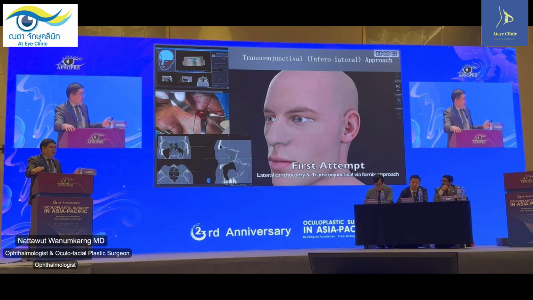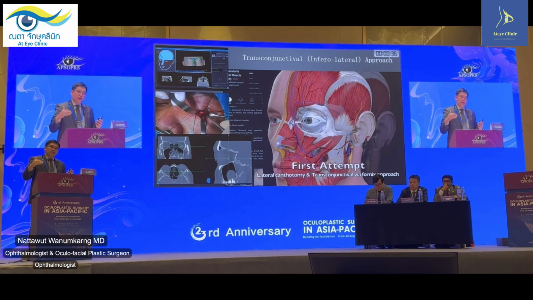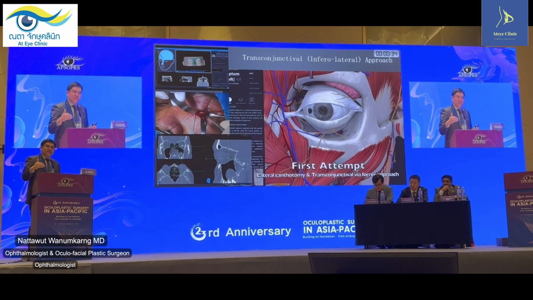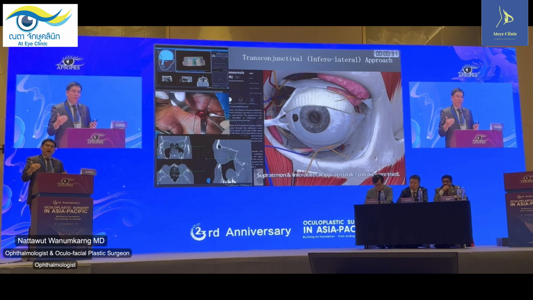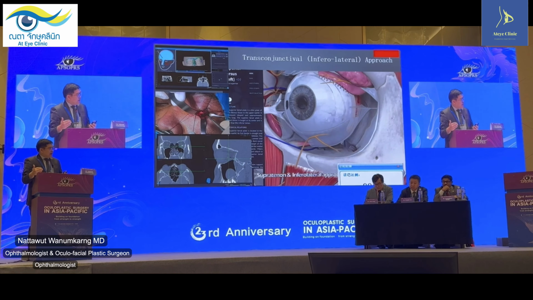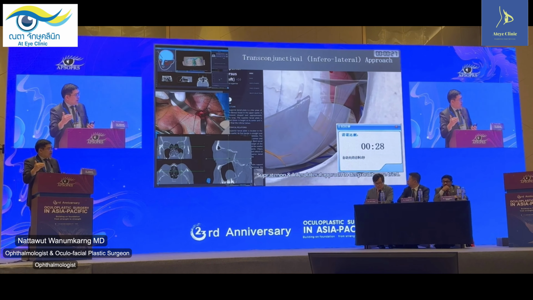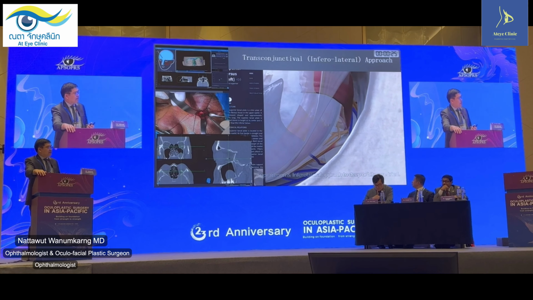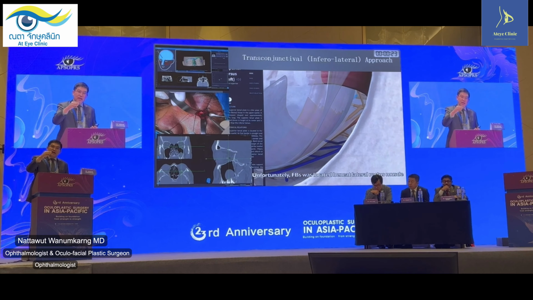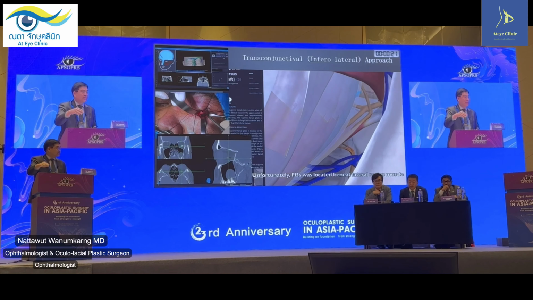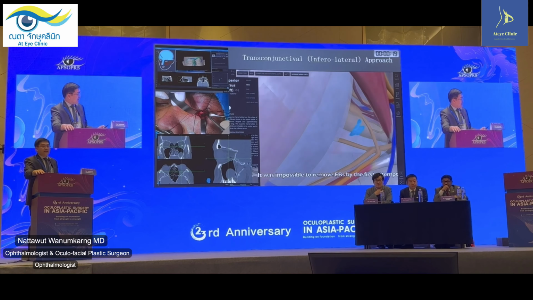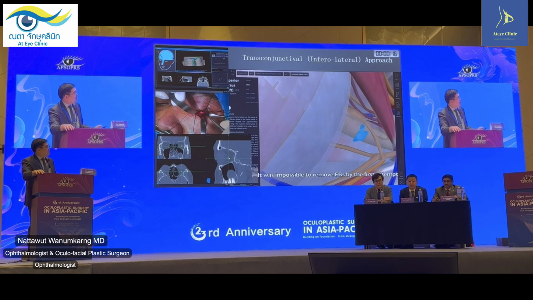In the first attempt, I tried a transconjunctival approach, inferomedially. I went behind inferomedially and tried to reach the intracorneal foreign body, but it was not that easy because the foreign body was lying underneath the lateral rectus. In the first attempt, I could not remove the foreign body.